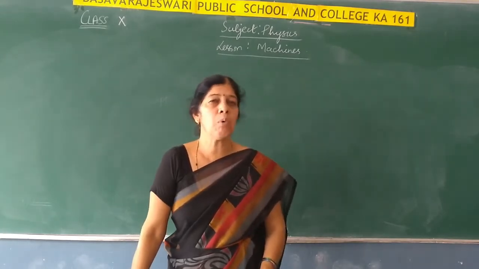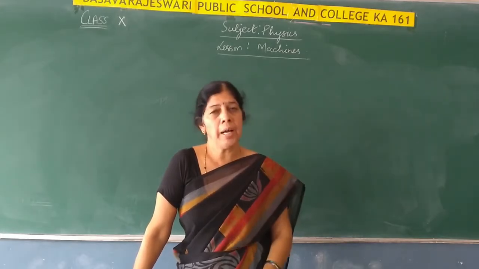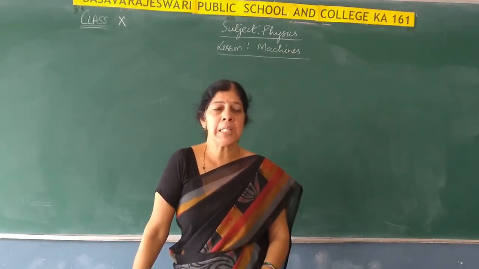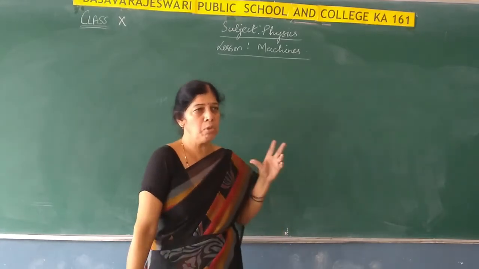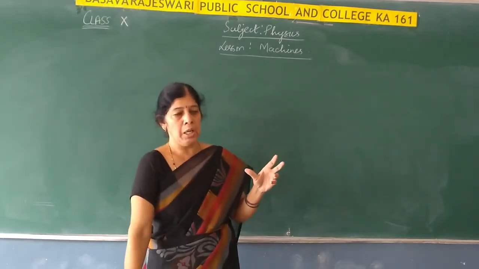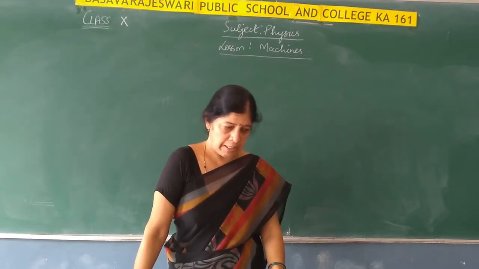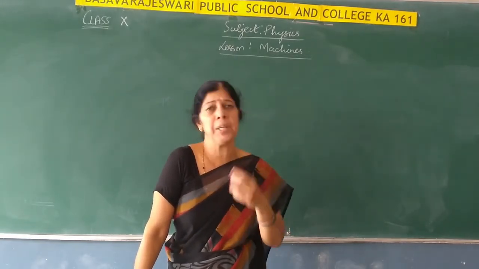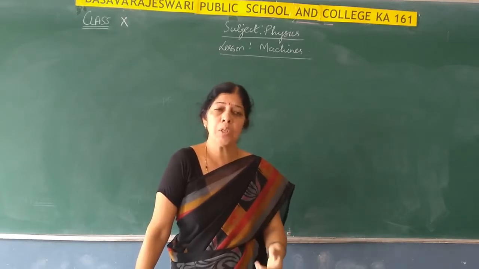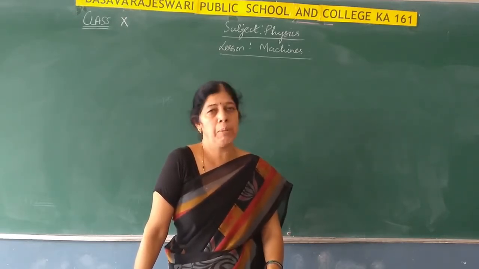Force multiplier means using less effort, you can lift very heavy loads. And speed multiplier means by moving the effort through a small distance, the load can be moved through a large distance. You can use a machine to change the direction of effort, is it not? Then you can use a machine to change the point of application of force. You can also use a machine to do some dangerous works which are not possible for human beings.